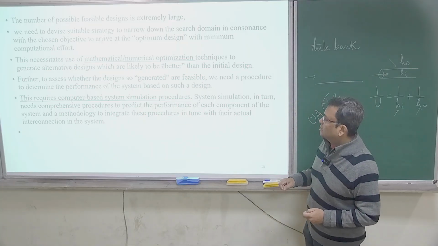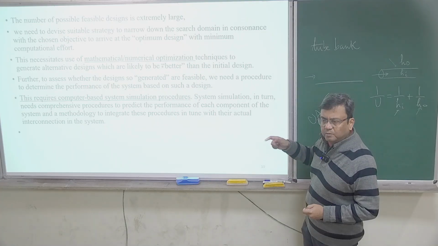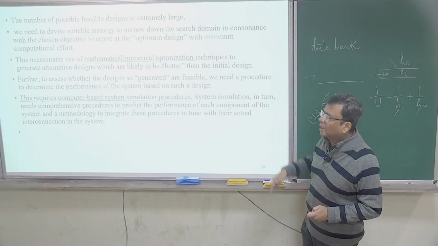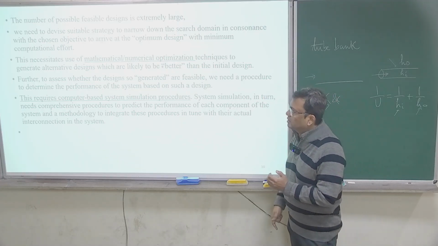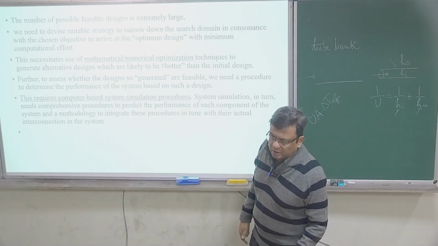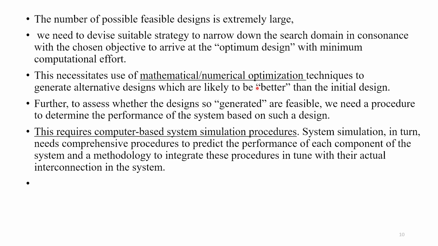Then you can vary some of the input quantities and then see what is the effect on the output quantities. Or there can be other systems where you have to write differential equations, either ordinary differential equations or partial differential equations, and then you solve them. So that's basically simulation.